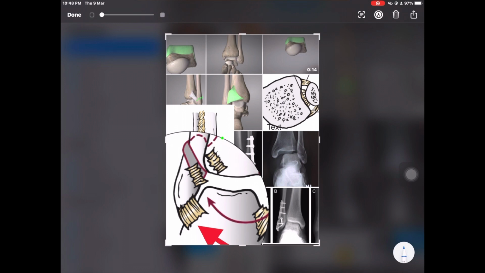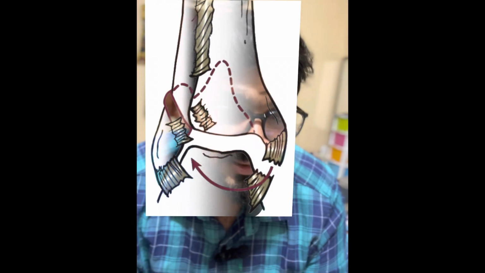When this fractured part rotates and translates laterally, the talus also moves along with it, and because of this there occurs strain on the medial ligaments of the ankle that we know as the deltoid ligament. So that's why the deltoid ligament gets ruptured in such cases.